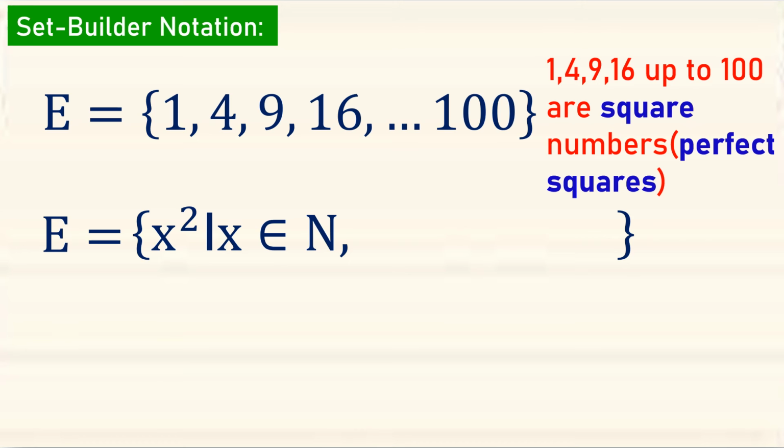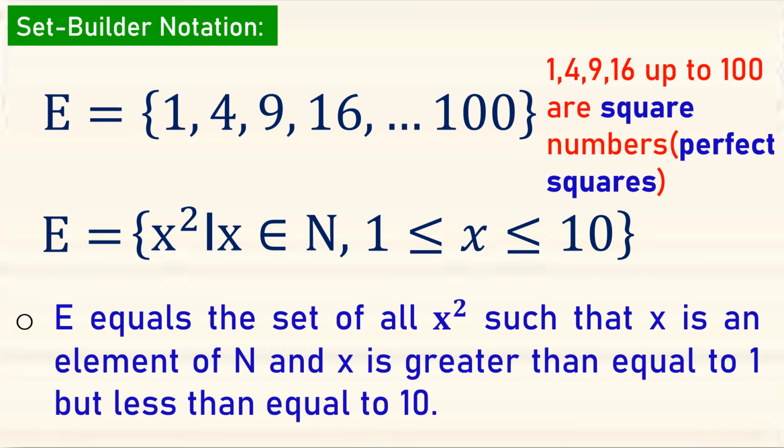Since we have 100 over there, we are going to have x is greater than or equal to 1, but less than or equal to 10. So if we have 10 squared, it is equal to 100. So you can read that as E equals the set of all x squared such that x is an element of n and x is greater than or equal to 1 but less than or equal to 10.